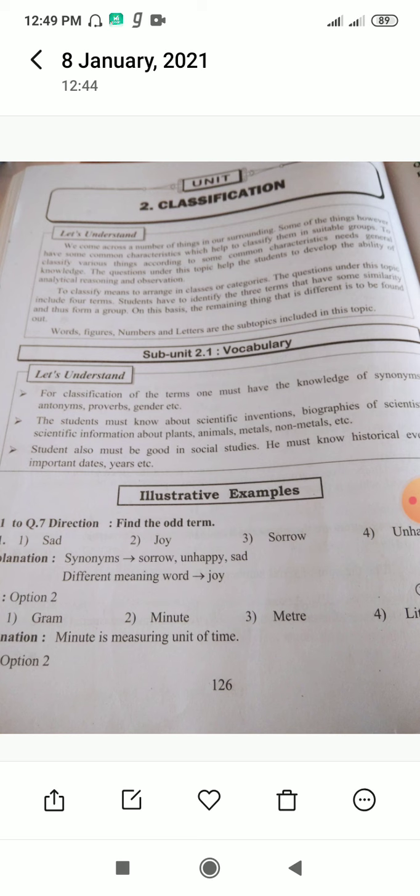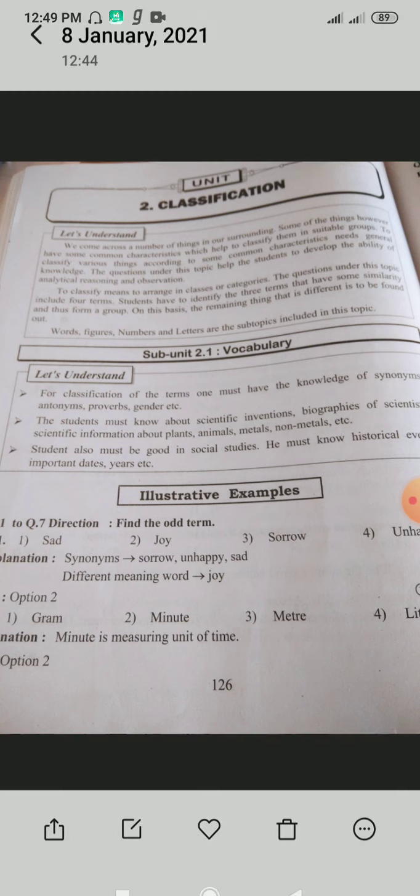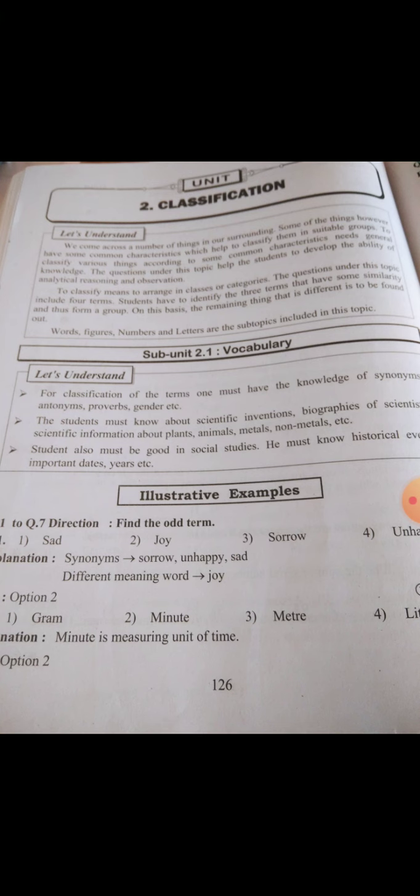Question number 2: grams, minute, meter, liter. From this, minute is a measuring unit of time, and the others are used to measure things. So option 2 is the correct option. Then the third one: lungs, liver, intestine and gullet.